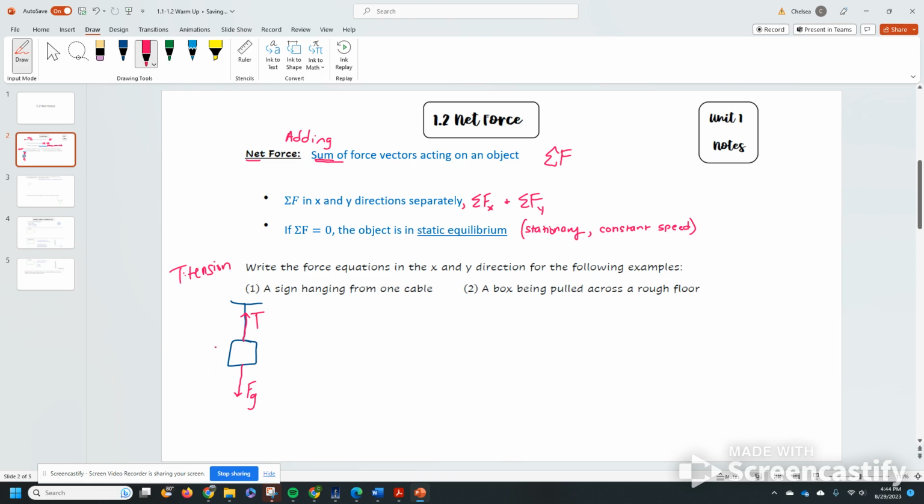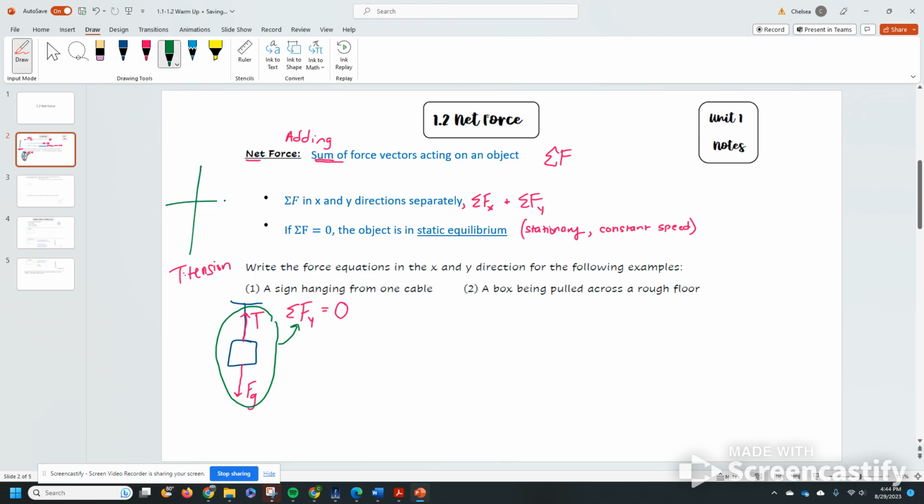And there's nothing happening in the x direction. So for this problem, let's just look at the sum of forces in the y direction. I know that it's going to equal 0 because this is stationary. What we're going to do is look at what we have in our situation, and replace the sum of forces with the variables that we have in our free body diagram.